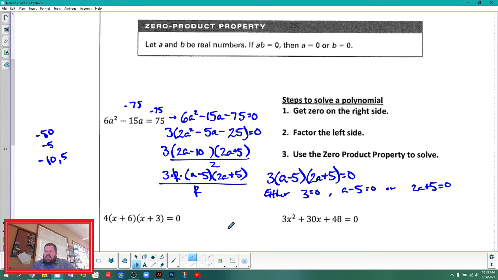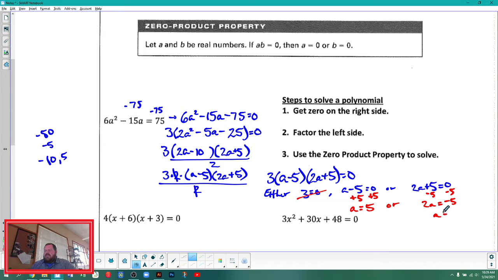So there's some things that we can and can't do. I can't turn a 3 into a 0. So that's just becoming a non-factor. That one's going to be a 3 no matter what I do. On this one, I can add 5 to both sides. And that tells me that a could be 5. Or in this case, I would subtract 5. And I'd get 2a equals negative 5.